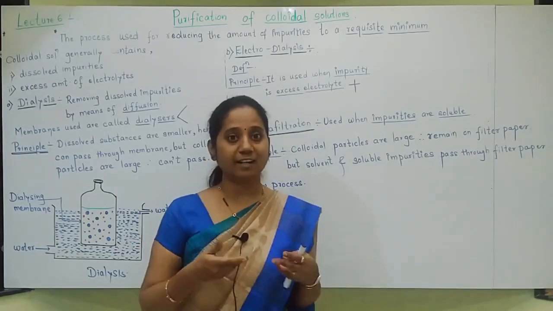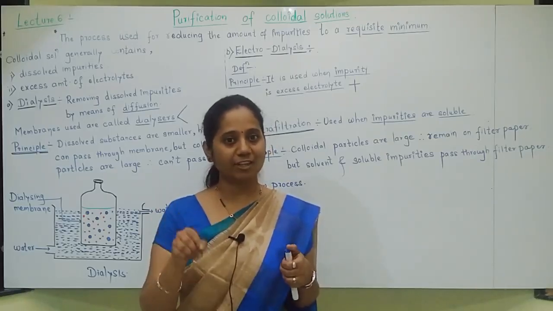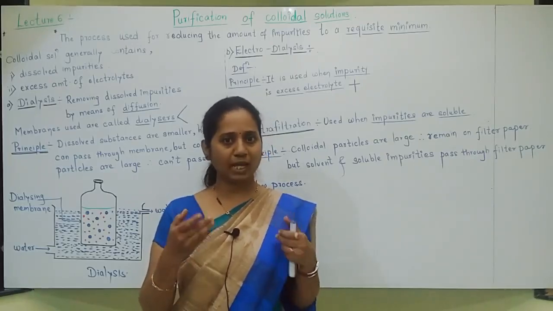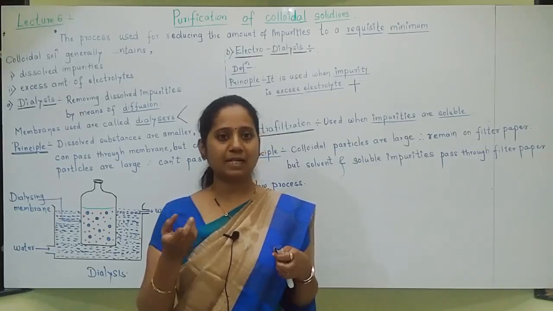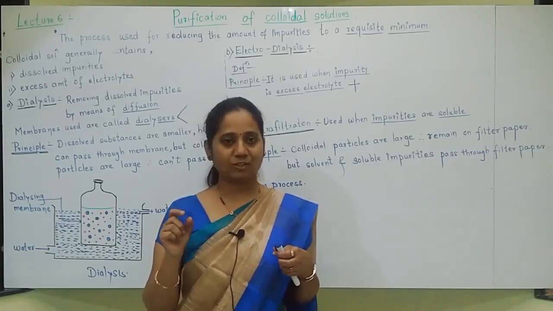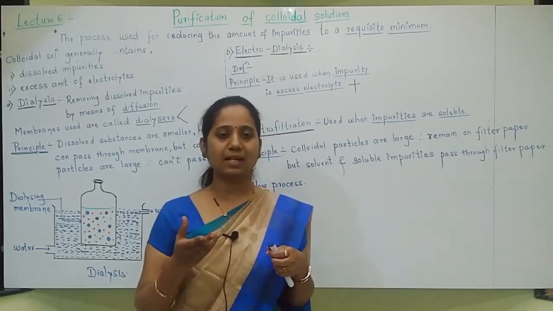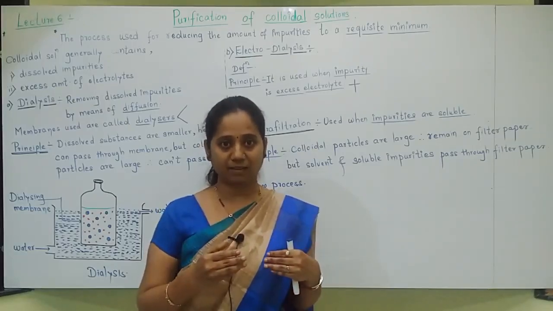How did electrolyte enter the colloidal solution? Because in the preparation method itself we are adding a small amount of electrolyte. Why do we add that? Because that acts as a stabilizing agent. Electrolyte in small quantity stabilizes the colloidal solution.